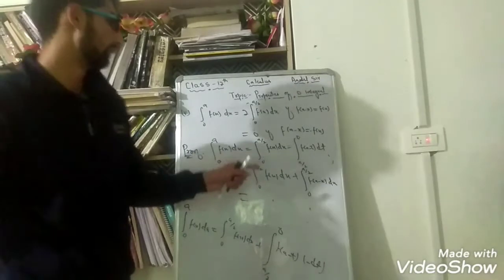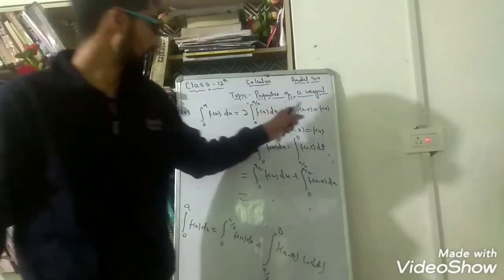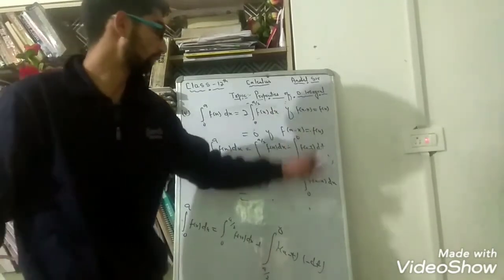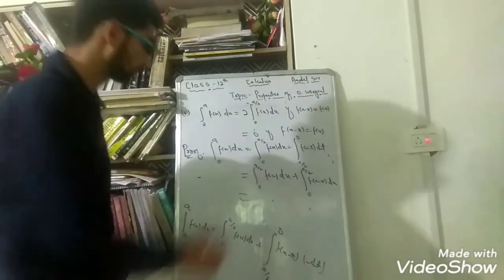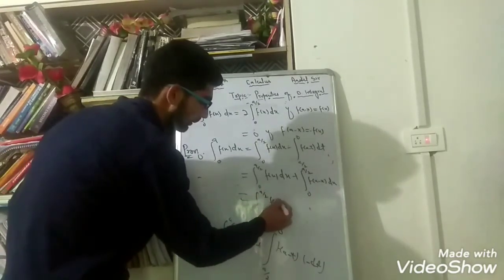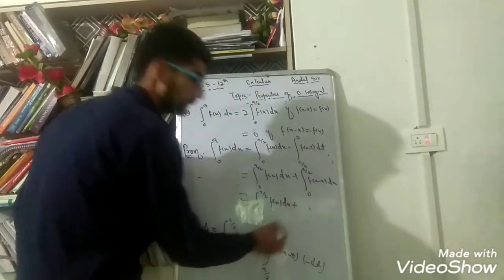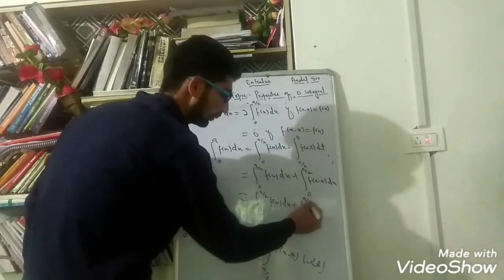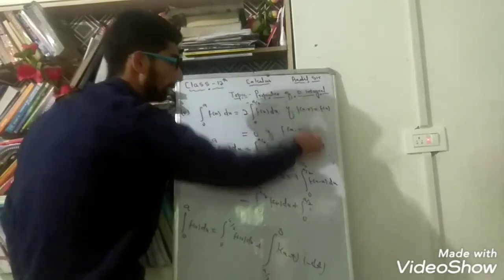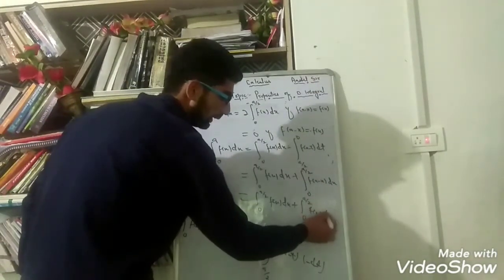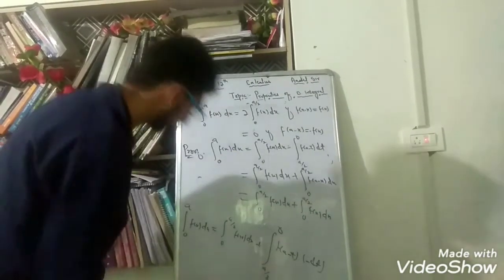Now, the theorem says this: if f of a minus x is equal to f of x, then we have the integral from 0 to a of f(x) dx plus the integral from 0 to a/2, and since f of a minus x is equal to f of x, I can change f of a minus x as f of x dx. This is the first condition.